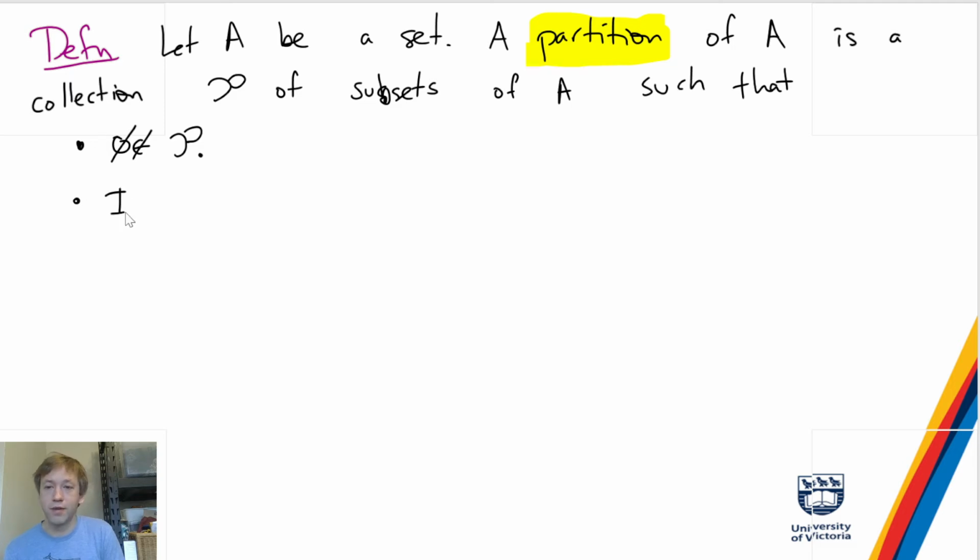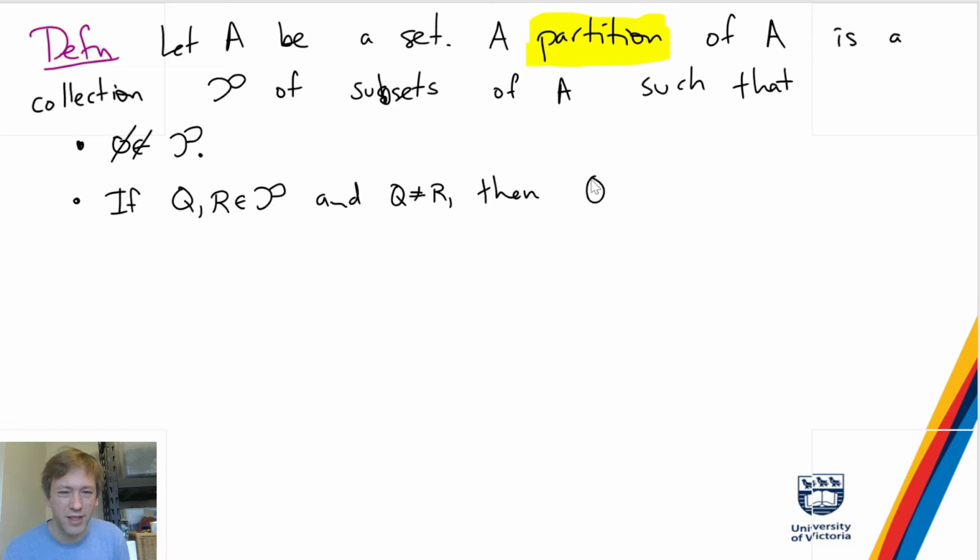So if Q and R are in P, and they're not the same set, so Q is not equal to R, then they have to be disjoint. Disjoint means that they have empty intersection.